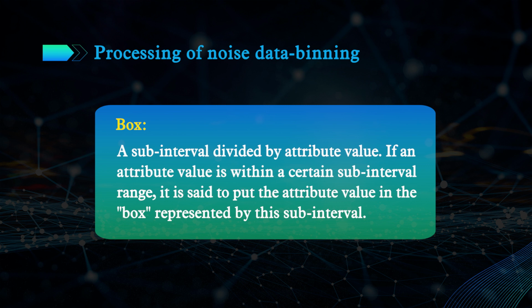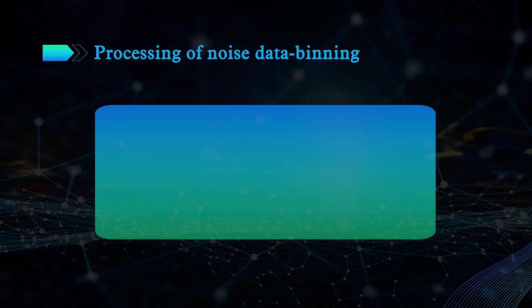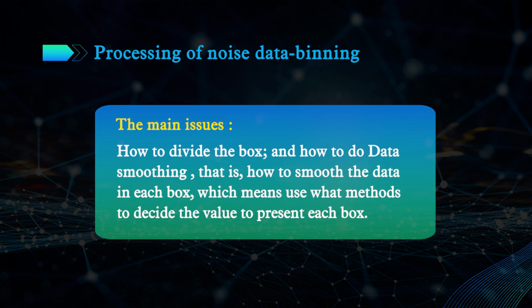If an attribute value is within a certain subinterval range, it is said to put the attribute value in the box, which is represented by this subinterval. The main issues of binning are how to divide the box and how to do data smoothing. That is, how to smooth the data in each box, which means what method to use to decide the value to represent each box.